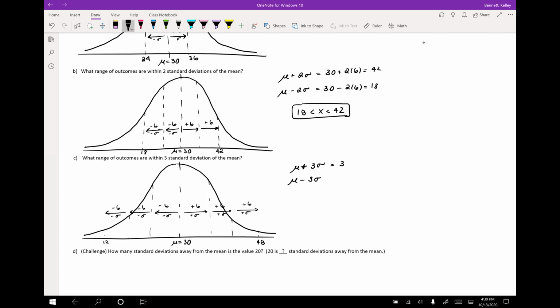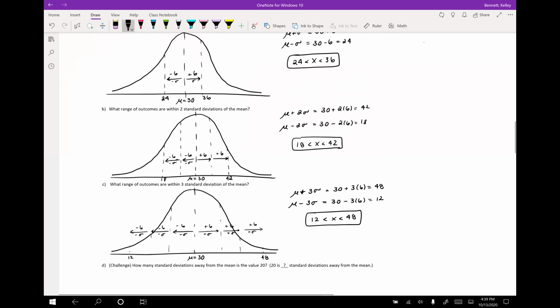So that's going to be 30 plus 3 times 6, which gives me 48. And I'm going to the left. So the range from 12 to 48 represents being within 3 standard deviations of the mean.